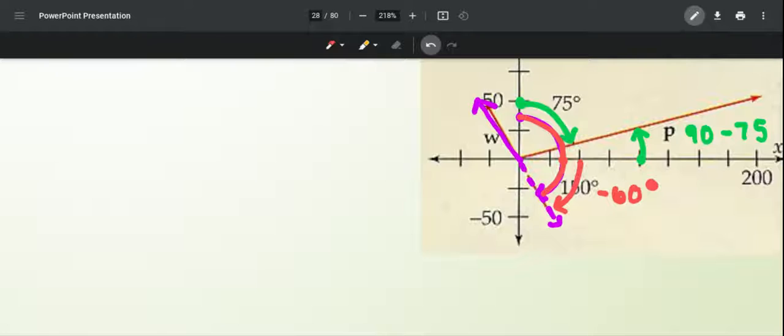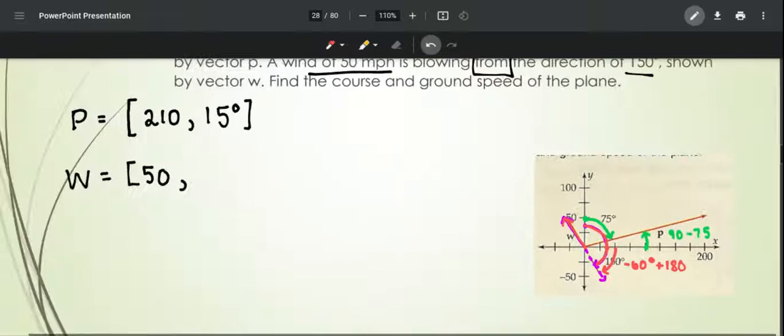And because we want it going the opposite direction of that, because it's coming from there, whenever you need it to go the opposite direction, the same way as when we were doing the inverse tangent, you had to add 180 to it to get it to go the opposite direction.